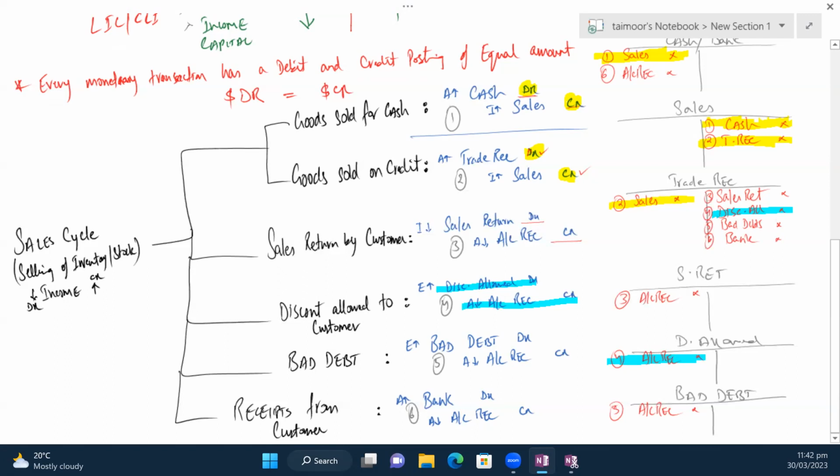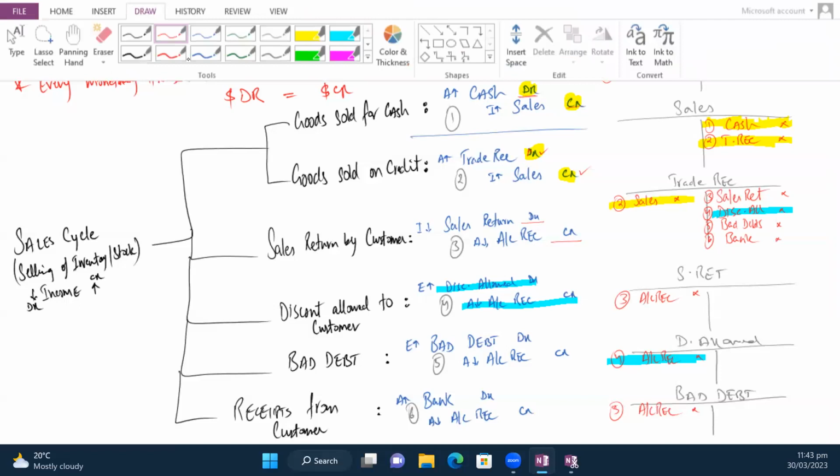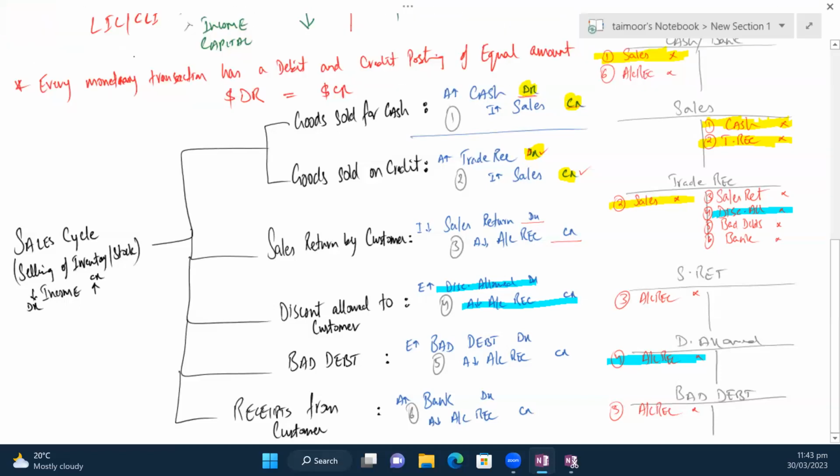So this is how you will post all the transactions of the sales cycle within the relevant ledgers. Okay. So this is how you actually make and post transactions relating to goods sold on cash or goods sold on credit to trade receivables. All right. Okay. So let's move on to the next thing.